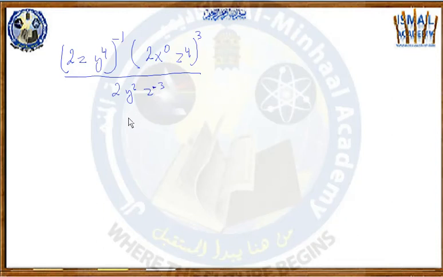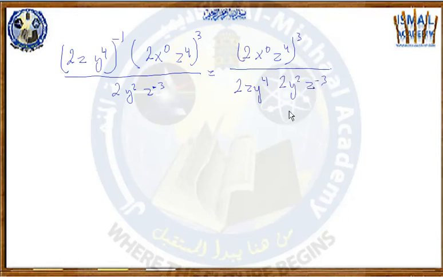So what I do, you see this negative exponent, I'm going to move it down because it's negative. So this will become 2x to the 0, z to the 4 cubed, over 2zy to the 4, times 2y squared z to the minus 3. Because of the minus 1, I move it down.